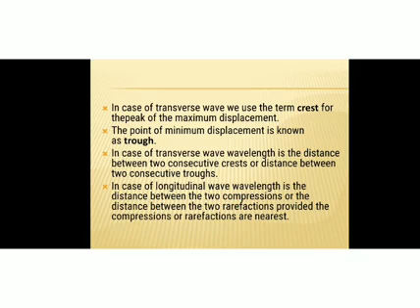Transverse waves propagate as crests or troughs, but longitudinal waves propagate in the form of compressions or rarefactions. So the distance between any two consecutive compressions or rarefactions can also be considered as wavelength in the case of a longitudinal wave.